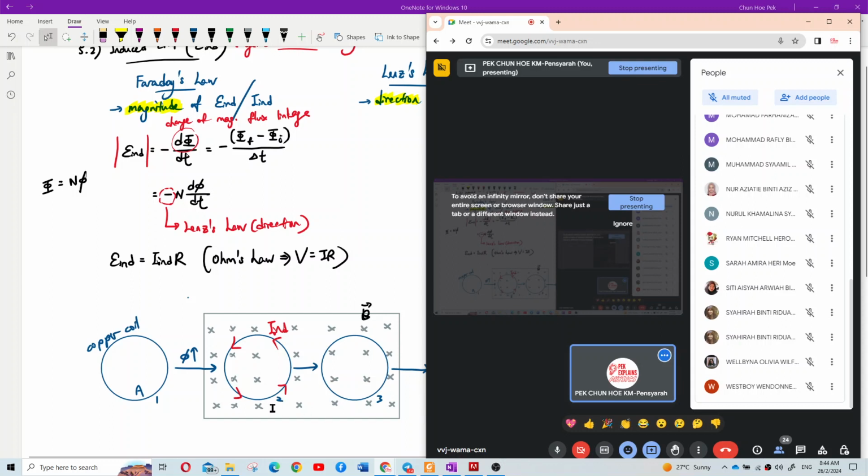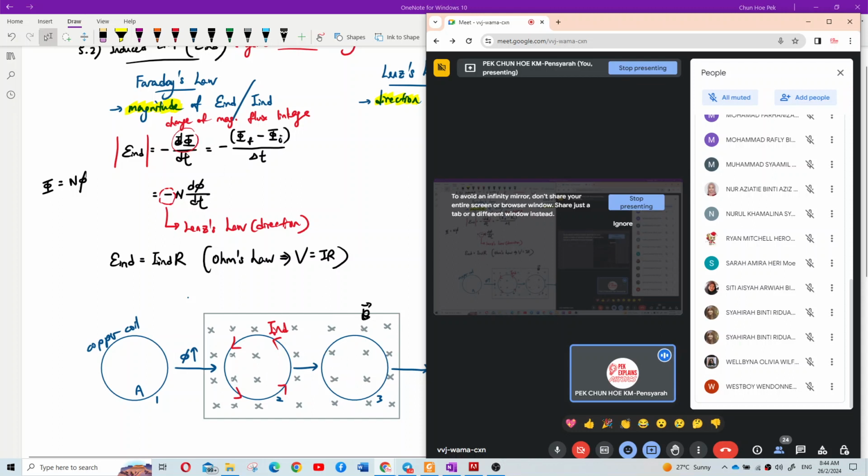If I move the coil from position 2 to position 3, what happened? Is there any change of magnetic flux? Just say yes or no. No. Yeah, no change of magnetic flux. So no change of magnetic flux, 2 to 3.